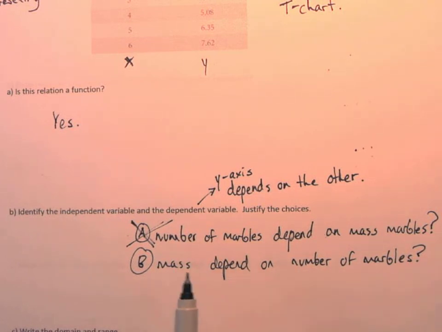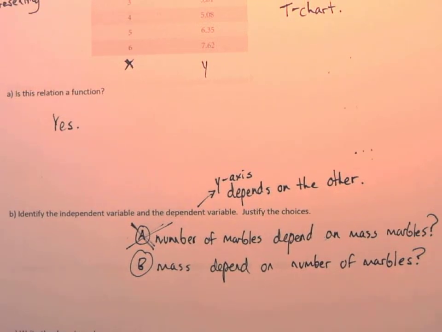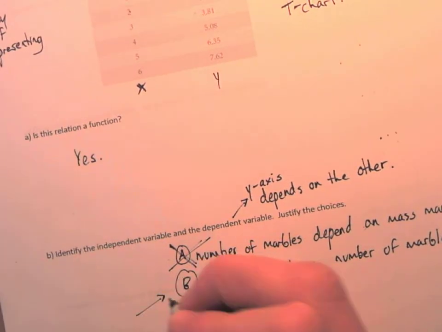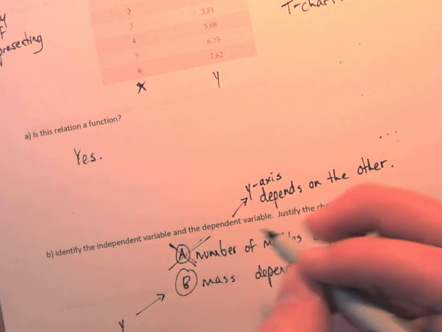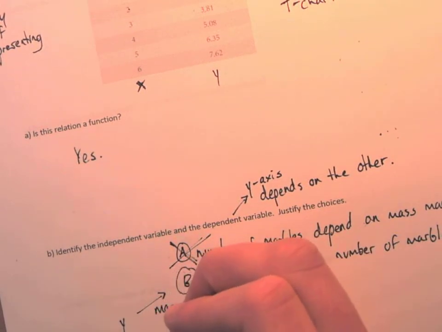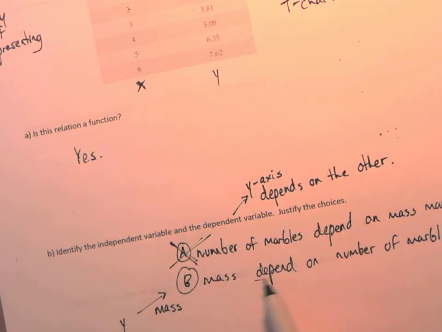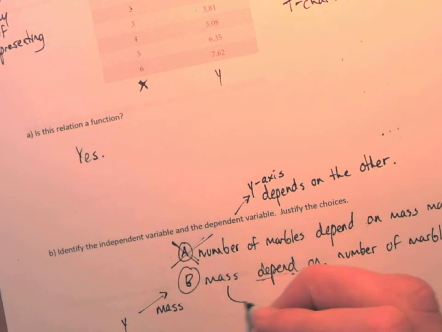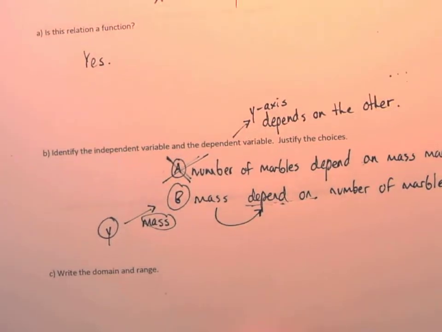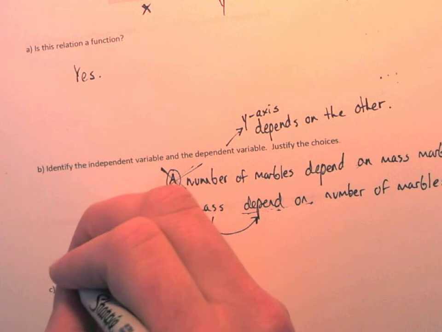It goes up as you get more marbles. So mass is going to be our y-axis, the dependent one.